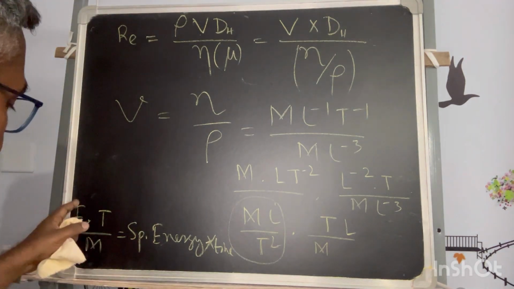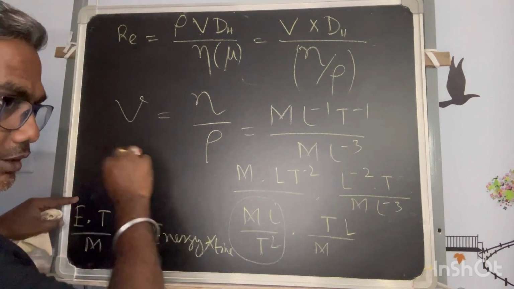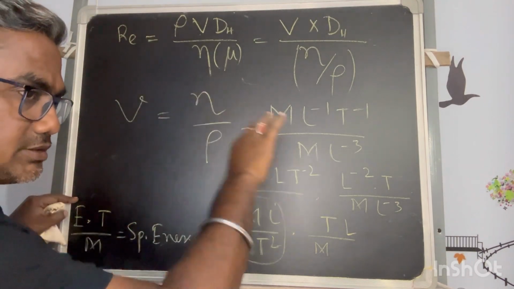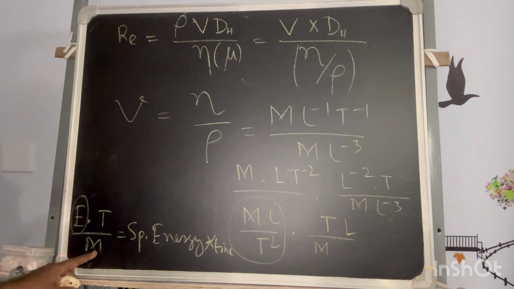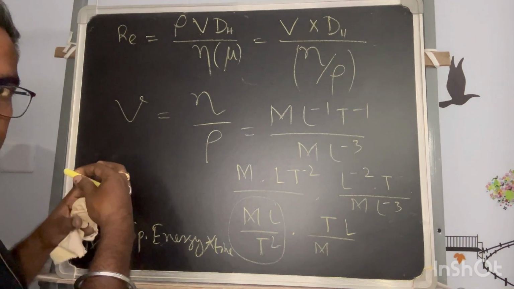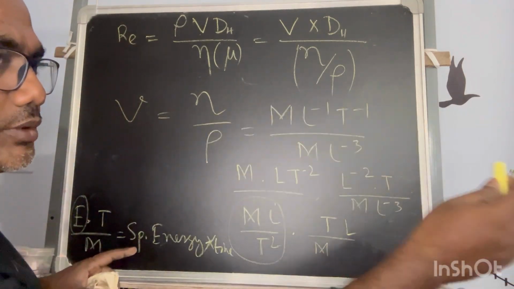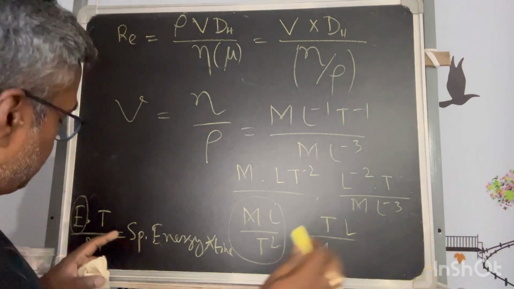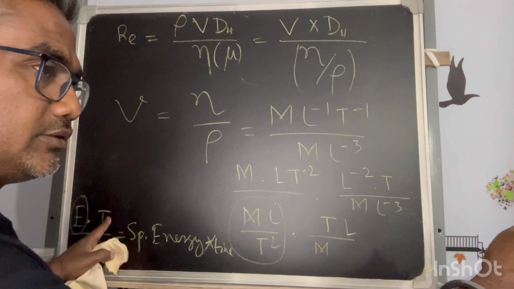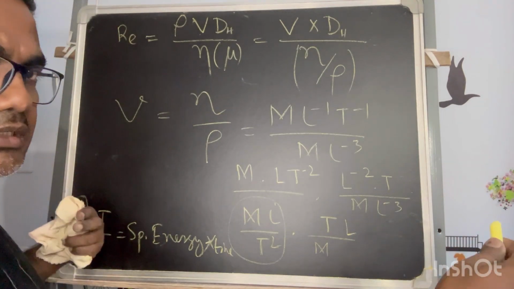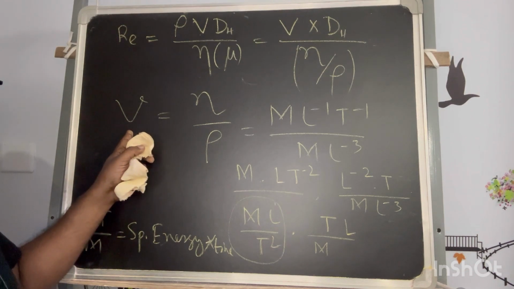The parameters are the energy that is being reduced, that pressure energy being reduced, the energy conservation you can say per mass per kg. So there must be some mass flowing, and from one point to another point, what is the change in energy, and by mass that will be the specific energy, and during the time this is being measured. So that time if you multiply, we will get the kinematic viscosity.